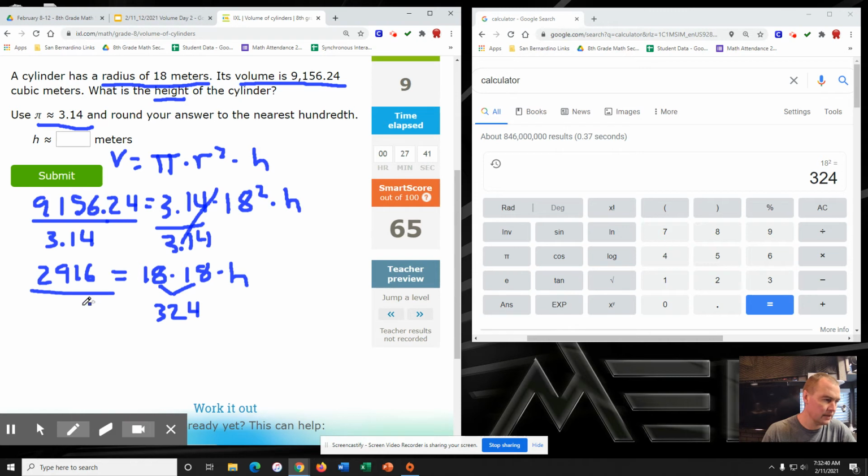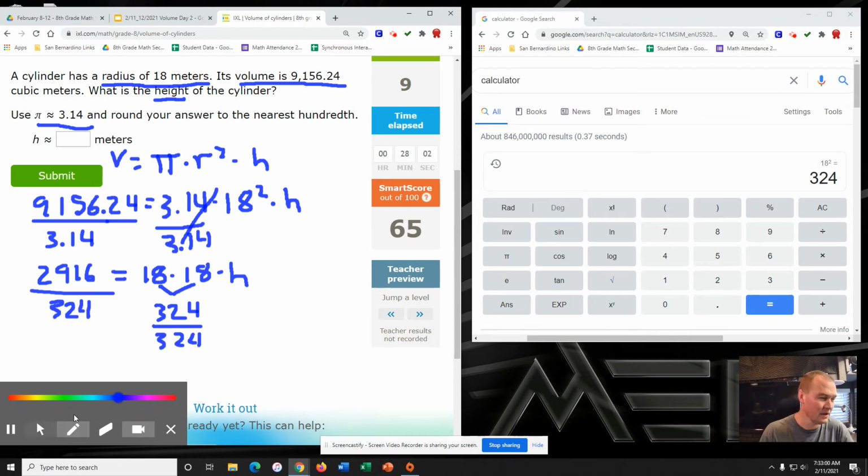And now I can take our 2,916 divide 324. Divide 324 from both sides. And that's how we're going to get rid of the 18. So again, you could divide 18, then whatever you get, divide 18 again. But I'd rather do it in one shot right here, right?